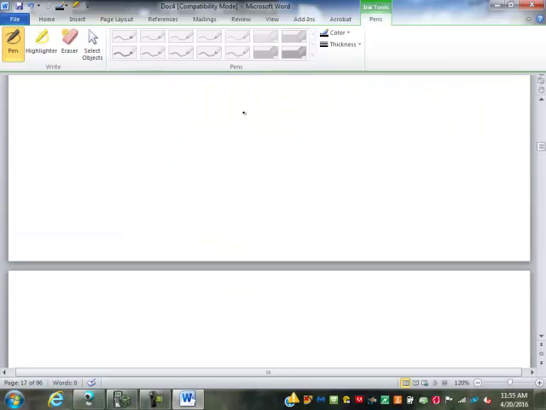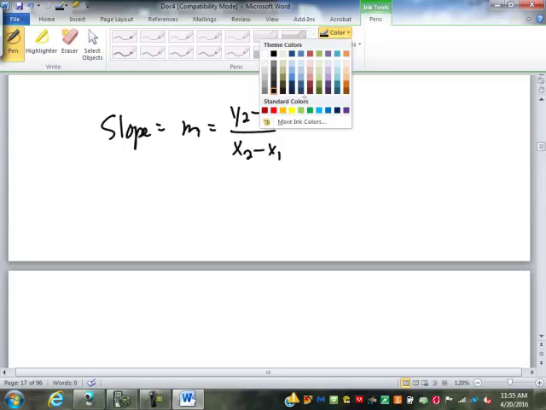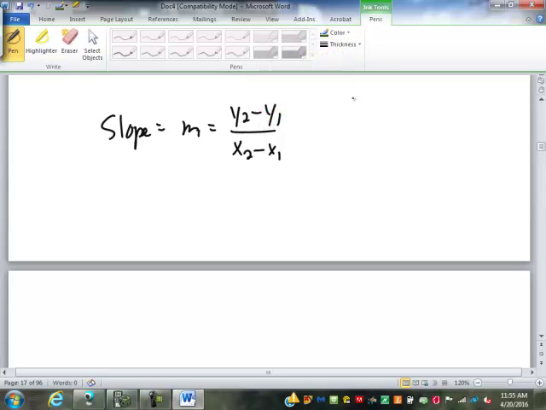So we use that slope formula a lot, so that we know that slope, which we use the symbol m for, is equal to y2 minus y1 over x2 minus x1. Well, there are other things we can learn about our lines, or our line segments, using other formulas.